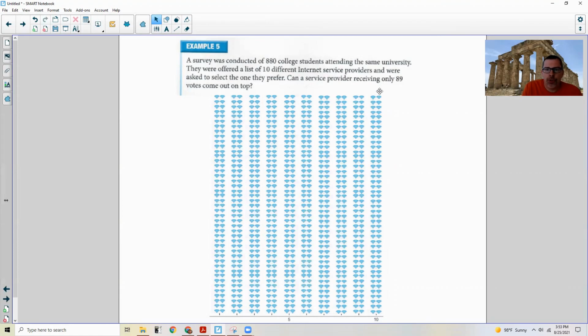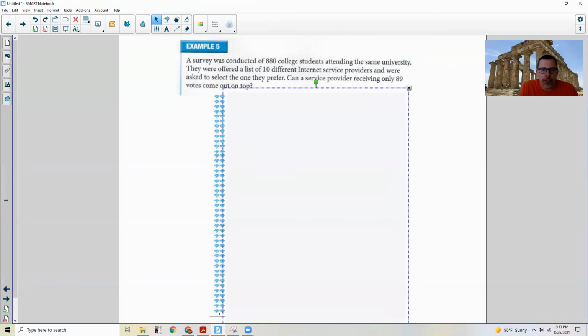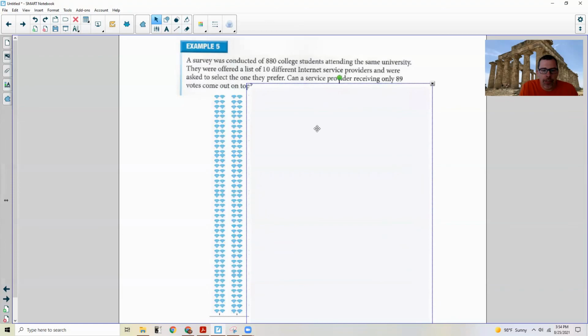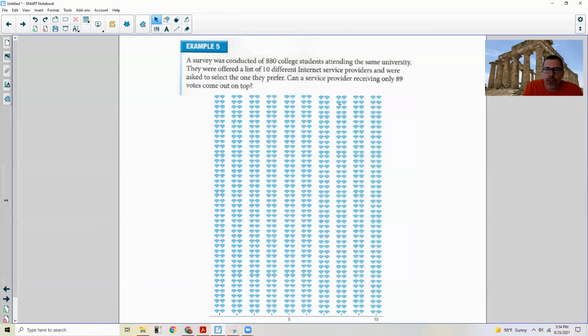But if there are only 2 modes, it would be called bimodal. Okay, so let me do something here. This is what a bimodal set would look like, a set of data where two of them have the same amount. That'd be bimodal. Anyhow, these are all the same.